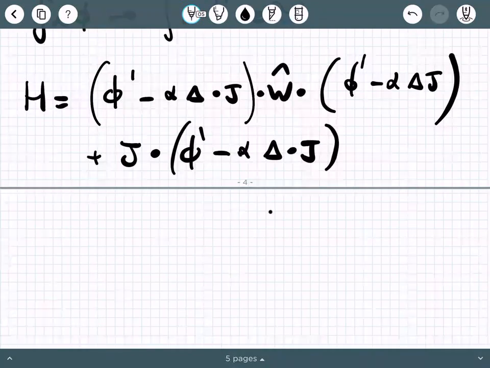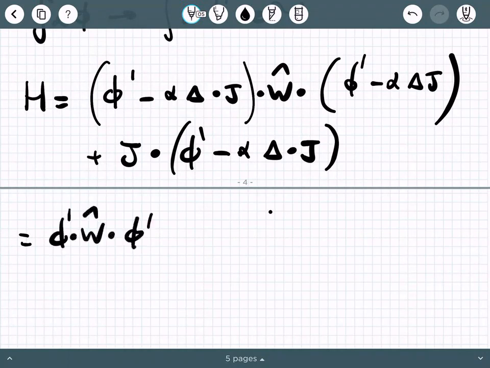Okay, so all we need to do now is to expand this product. I will get phi prime W phi prime. I will get negative alpha delta dot J dot W dot phi prime.